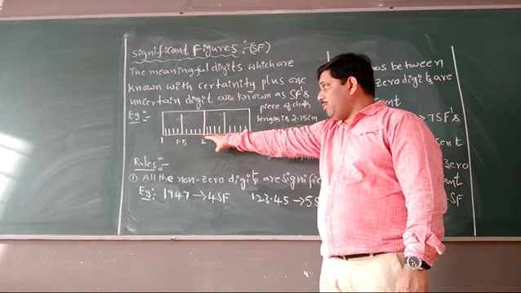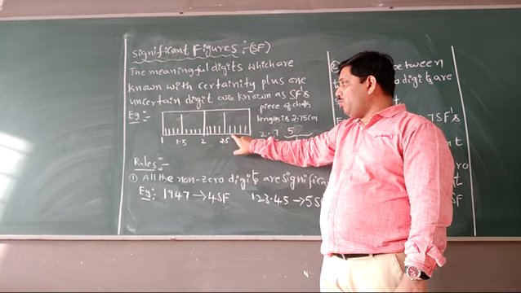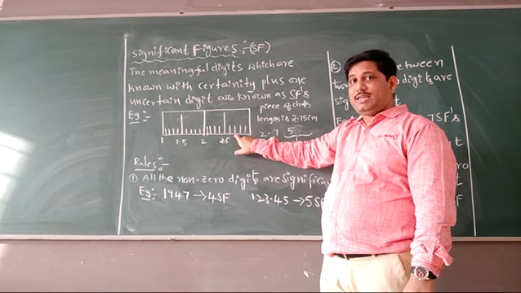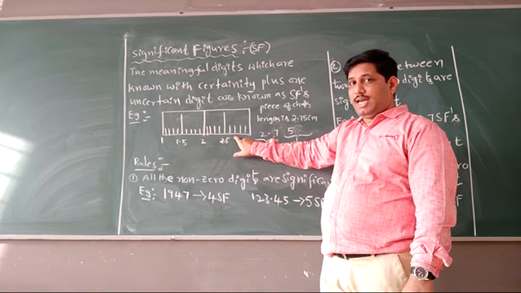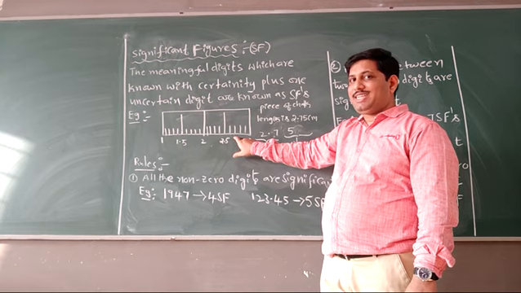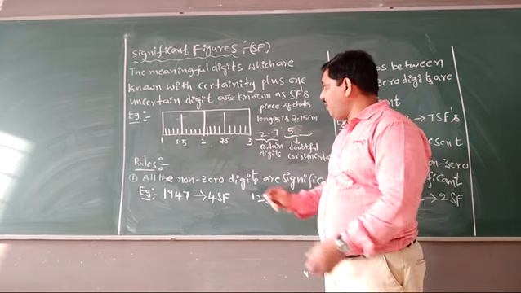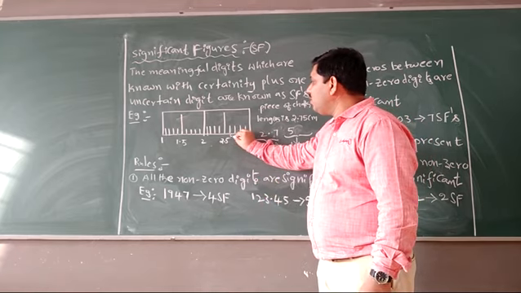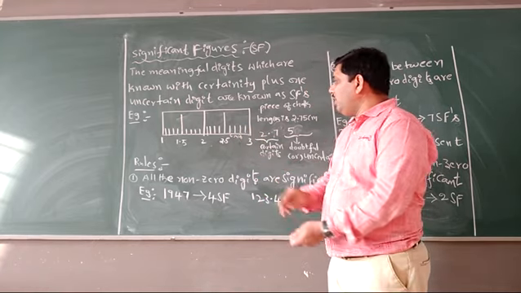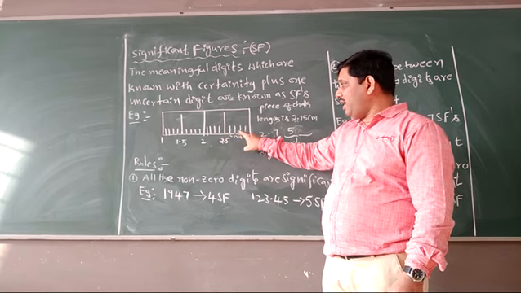The length of the piece of chalk is up to here 2.5 centimeters. Here 2.6 centimeters. Here 2.7 centimeters. By using this scale, we can measure the length of the piece of chalk up to 2.7. But here 5 is also given, that is in between 7 and 8.